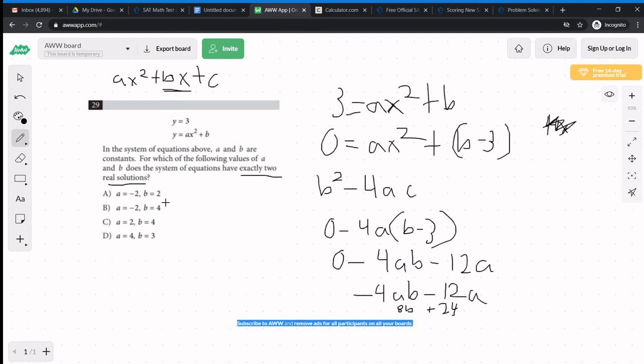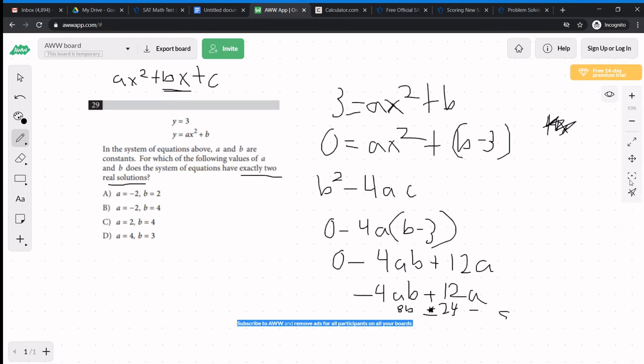Appear to have done something wrong then. Oh, I'm sorry. I didn't distribute this negative to the 3. This is supposed to be plus 12a. So it would be 8b minus 24. I apologize. So a would actually not be the correct answer. You get 16 minus 24, which is negative 8.